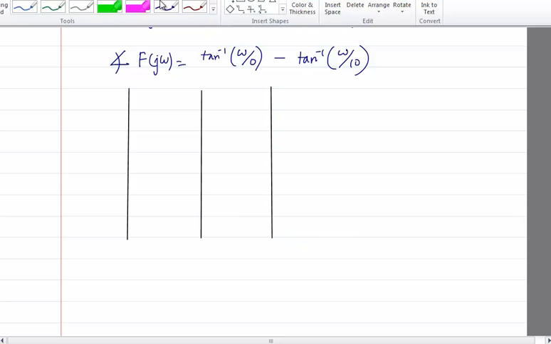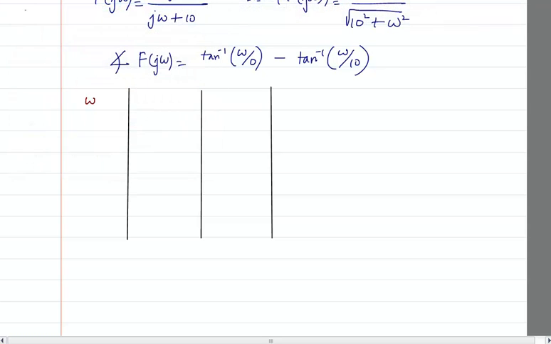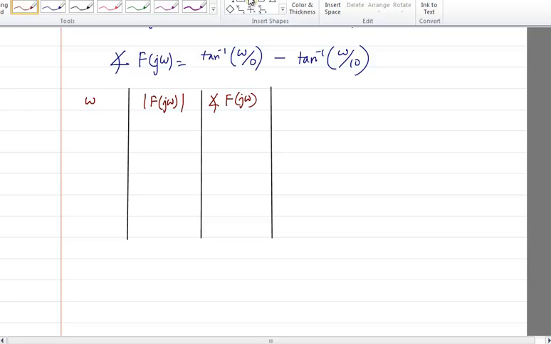So I will write here omega, this is going to be the magnitude of F of j omega, and this is going to be the angle of F of j omega. So this is what we are going to plot.